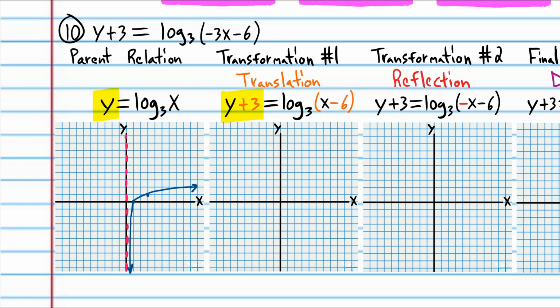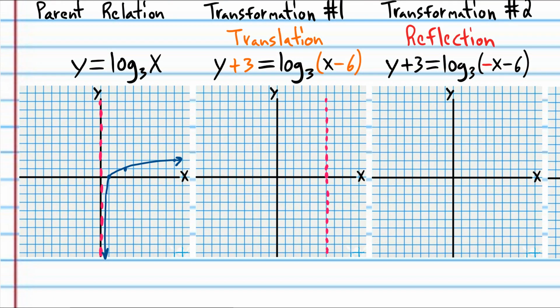So the graph is going to be the same graph as the previous graph, except we're going to move 6 units to the right and 3 units down. So if we move 6 units to the right, that's going to move the asymptote, because it's a vertical asymptote. So our new asymptote is there.